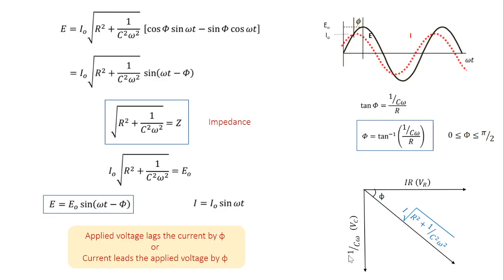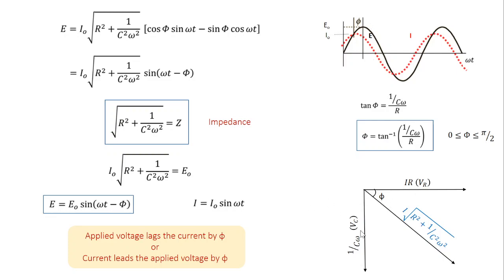Sorry for the typo here, the current I is missing here. So this is I into 1 over C omega. This is the in-phase component, this is the out-of-phase component. If you recollect, in the case of capacitor, voltage lags the current by pi by 2. So this is indicated by a clockwise angle of pi by 2. Remember, clockwise angle indicates an angle of lag.